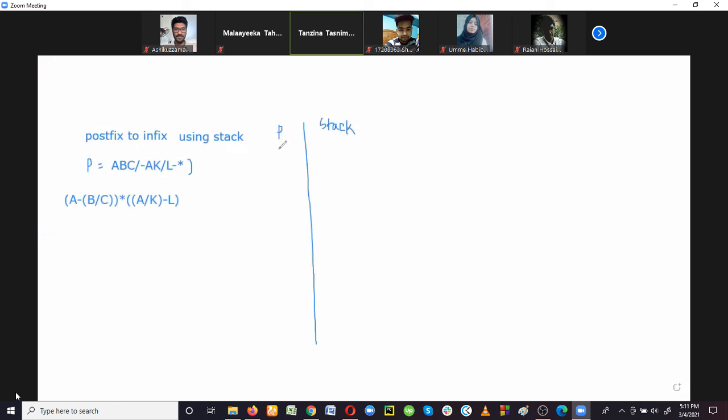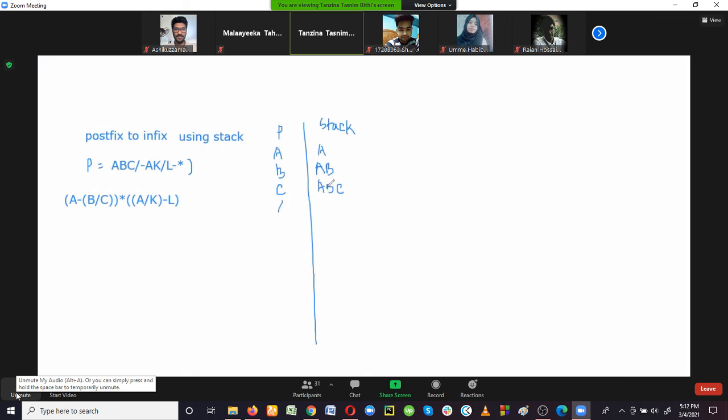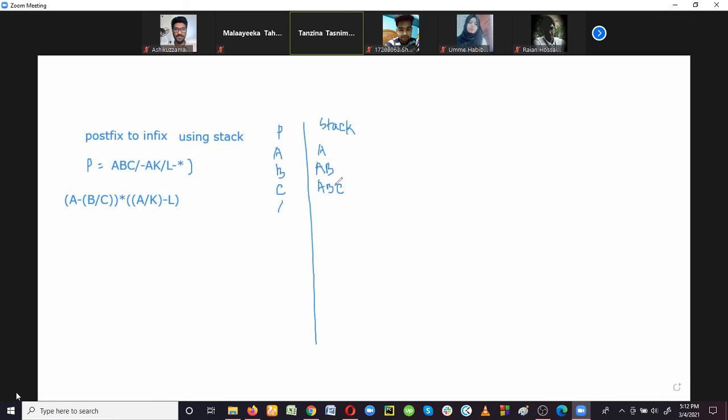Okay, so at first we have an operand A, just add it to the stack, and another operand B, so it will be added after A. Then the third data is also an operand, so A, B, C. Then the next one is an operator. Operator means take the topmost two elements from the stack and execute the operation, B division C. So here we can write B divided by C.